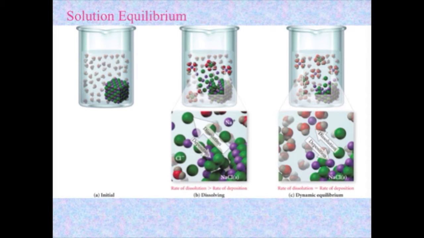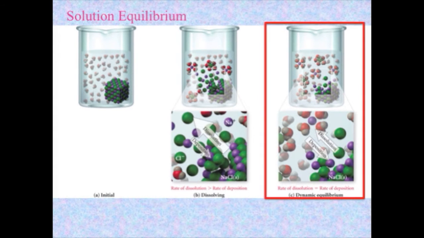Eventually, the rate at which ions collide with and are incorporated by the crystal lattice equals the rate at which ions are coming off. At this point, equilibrium has been established and the solution is said to be saturated. This is a dynamic equilibrium. In some cases, it's possible to have more of the solute dissolve beyond its solubility at that temperature.